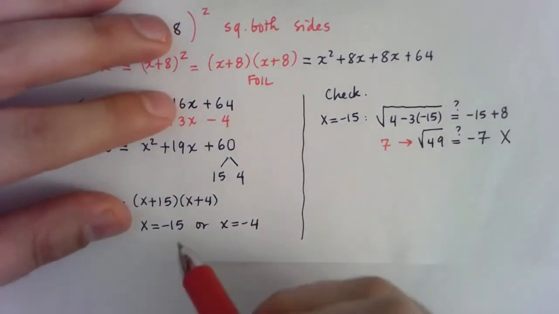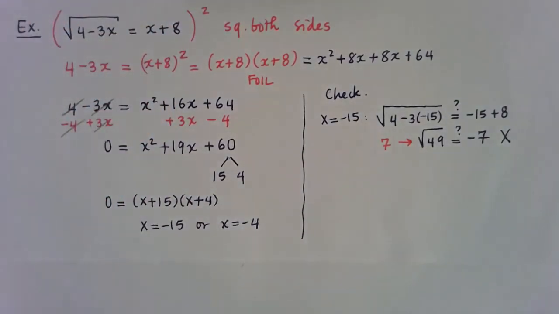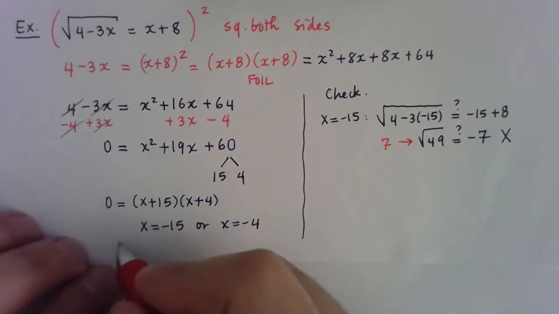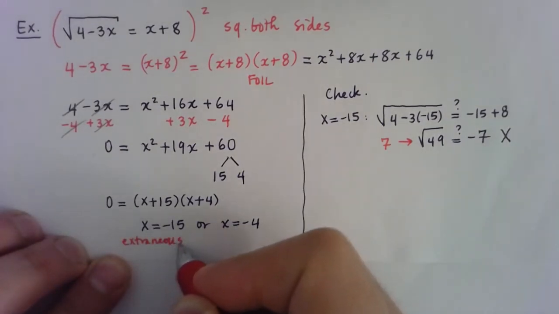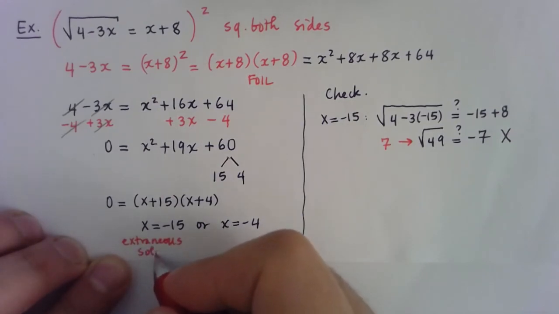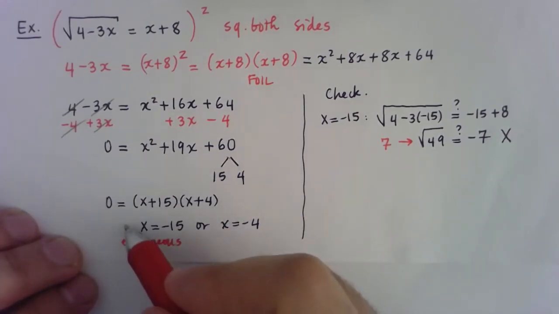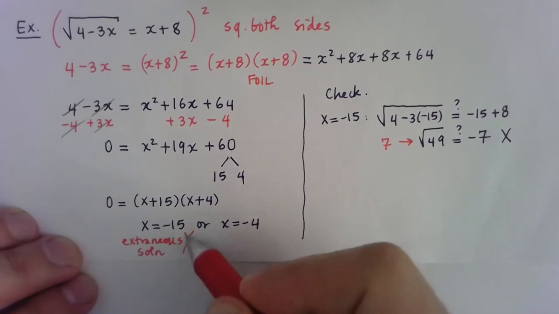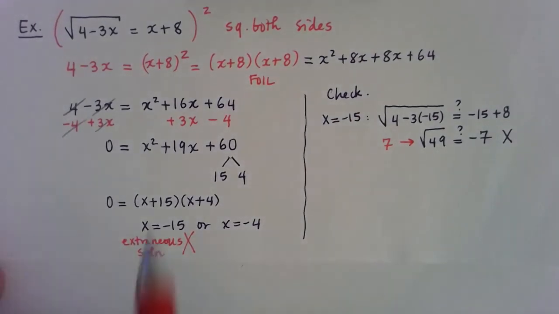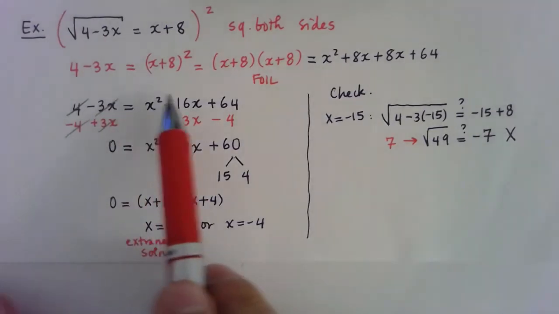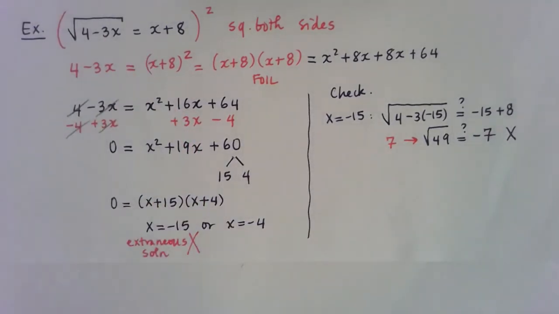So that means this negative 15 is an extraneous solution. It's not an actual solution, so you don't include this one. It's like an extra solution coming from the domain problem. The second equation has that solution, but the original equation does not.